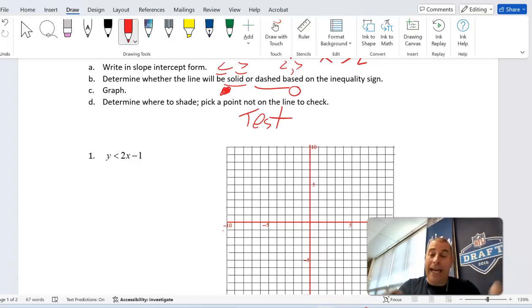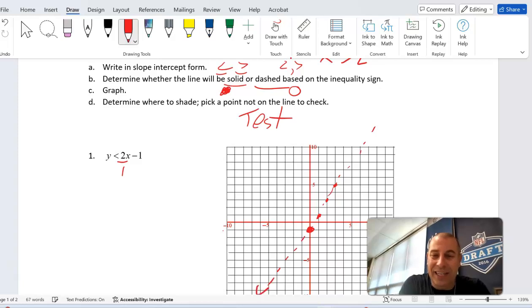So, hey, slope-intercept form, that first problem. We're going to go right down to -1. We're going to plot that point. We've got a slope of 2, so it's rise 2, run 1, rise 2, run 1, rise 2, run 1. And so we're going to get a few of them down there. Now, I'm not going to just go right away and draw my line, because remember, it's a less than symbol. It's a dotted line.